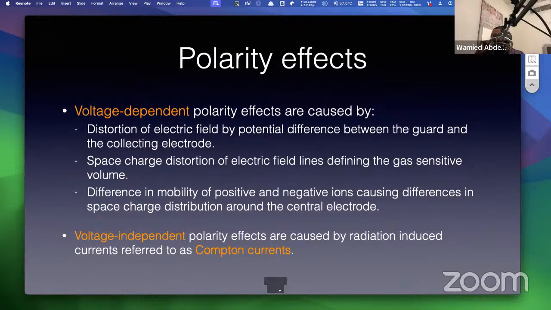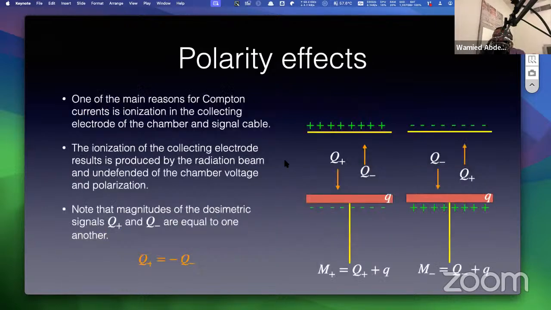These three effects, in general, depend on the applied voltage in the chamber. But we have one that is independent. It's a voltage independent polarity effect, and this is caused by radiation-induced currents, usually called Compton currents. Essentially, when the chamber is in the radiation beam, this is our collecting electrode, so we can have ionization in the electrode itself.